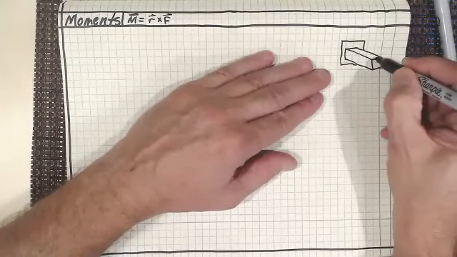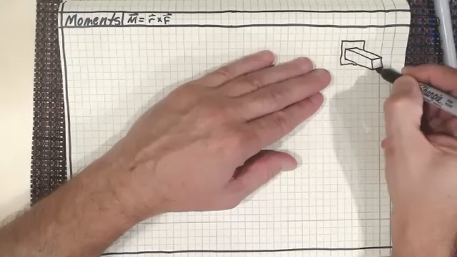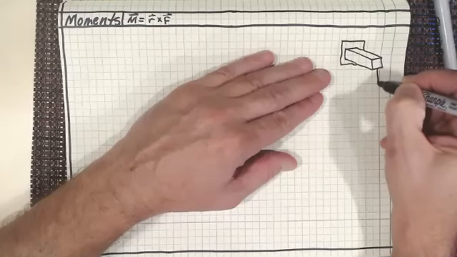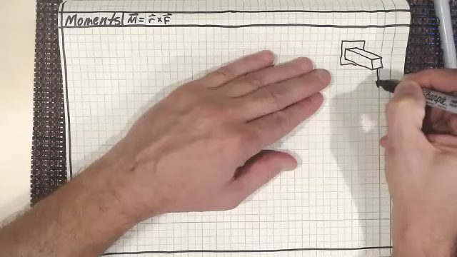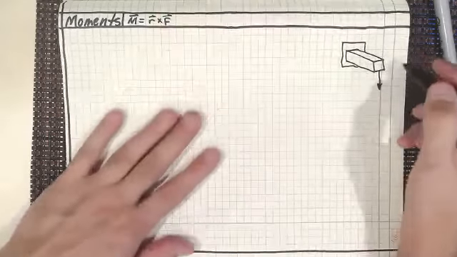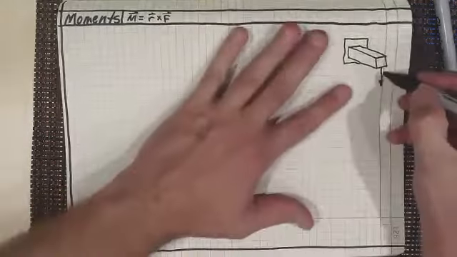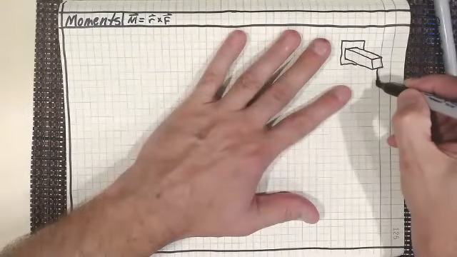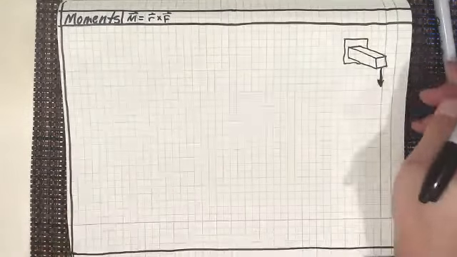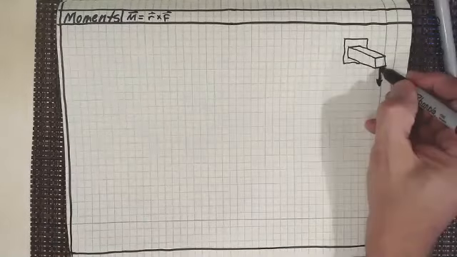If the force was going in this direction, perpendicular to the beam and straight down. Well, I didn't draw it straight down. There you go, that's a little straighter.